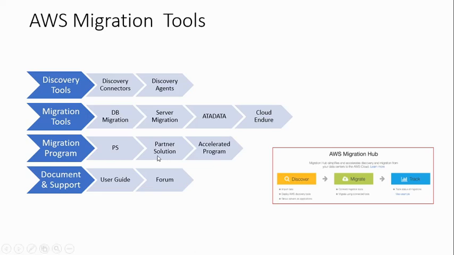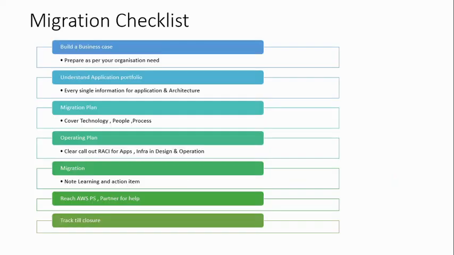Partner solution: AWS provides some IT companies as partners who can help you migrate, but that would be your own bidding and cost method. Accelerated program is also supported by AWS. Other than that, we always have customer support, user guides, and forums. So this is the AWS Migration Hub from the actual migration page. I'll go there and show you in detail.